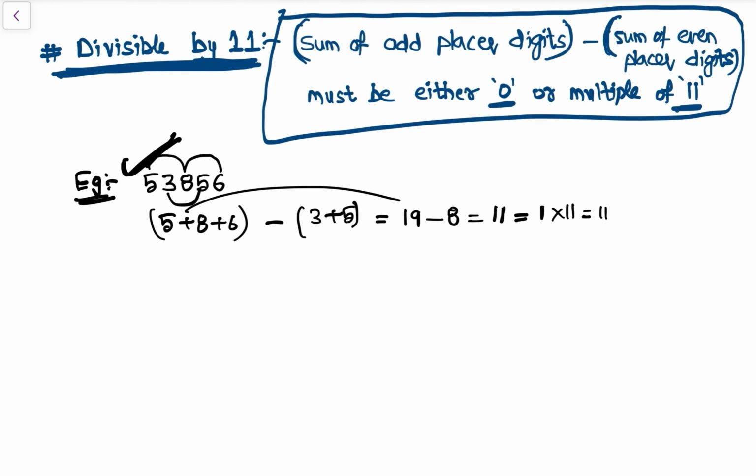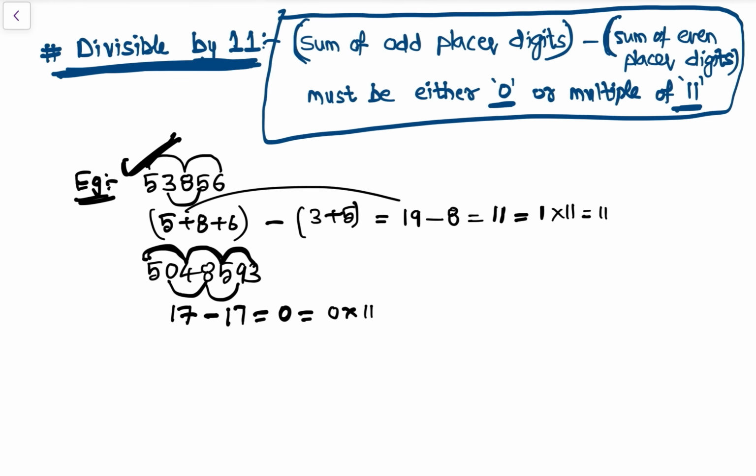Then check another example, that is 5048593. Odd places, that is 5 plus 4 9, 9 plus 5 14, 14 plus 3 is 17 minus 8, 8 plus 9 is 17 is equal to 0. 0 is again 0 into 11 is 0, so either 0 or multiple of 11, so 0, 11 table में 0 भी आता है, 11 into 0, so again this number is divisible by 11.